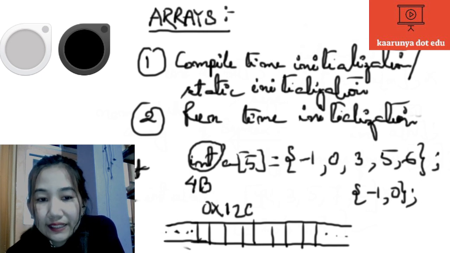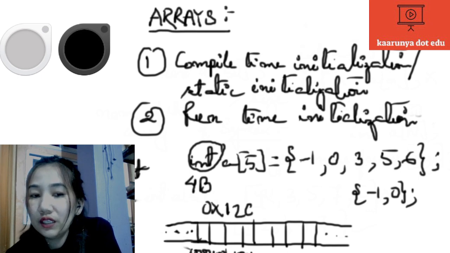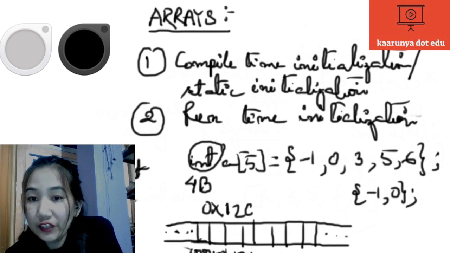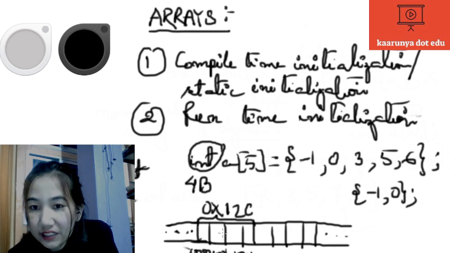Let's say the address of this first byte is 1000. Of course the next address is 1001, the next is 1002, then 1003, and so on. But how many bytes does the integer data type occupy? It is 4 bytes. That means from 1000 to 1003 is going to be occupied.